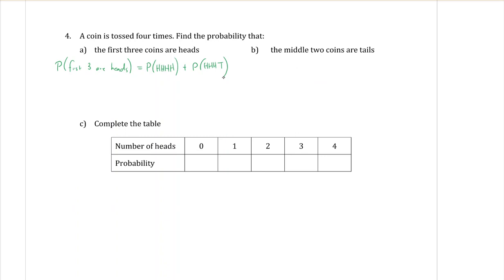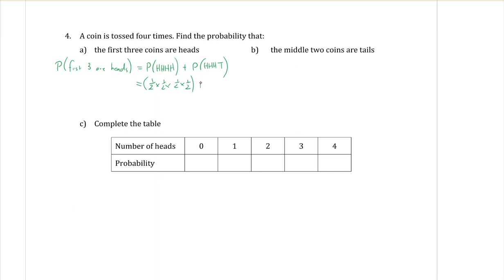Okay? So there's 2 branches. Each one of those branches, because it's back to a coin again, every time if I'm doing the head, head, head, head, for example, it's half times half times half times half. Now, if I'm going to do head, head, head, tail, does that change anything for my numbers?